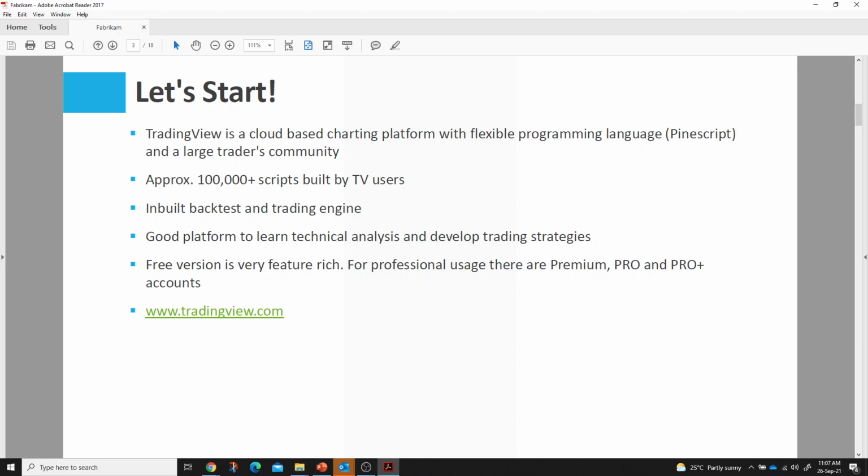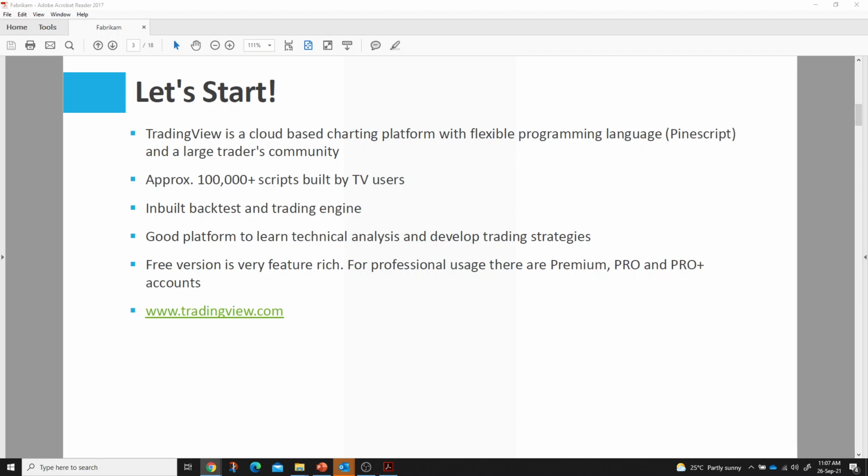But tightly integrated to a broker, that is currently something which we do not have. Then it is a good platform to learn technical analysis and develop trading strategies. You can get some support from people, you can share ideas, you can gather inputs from other people. So it is a very good platform to dive into technical analysis.